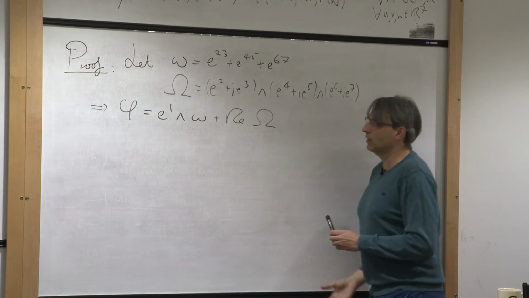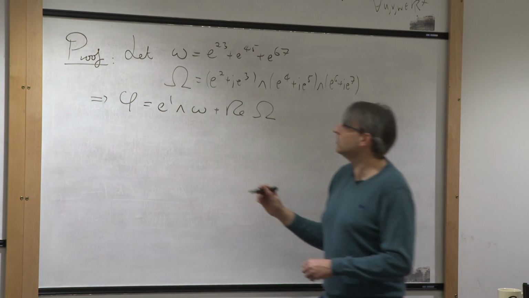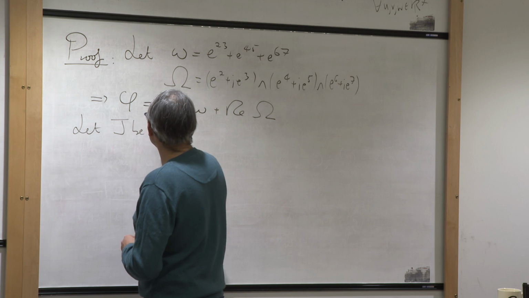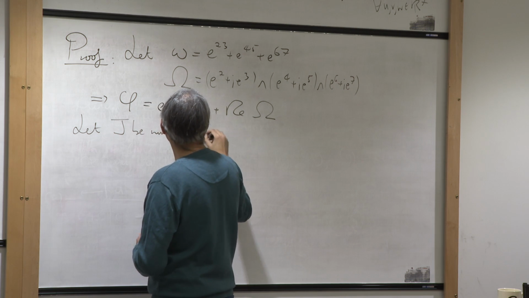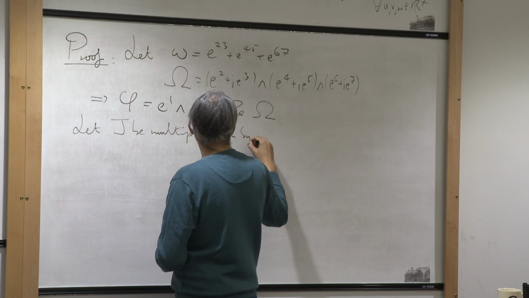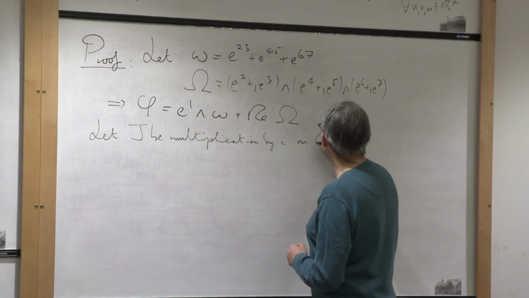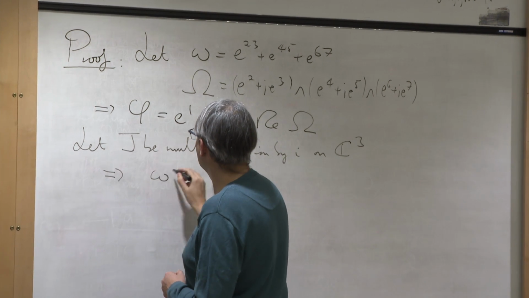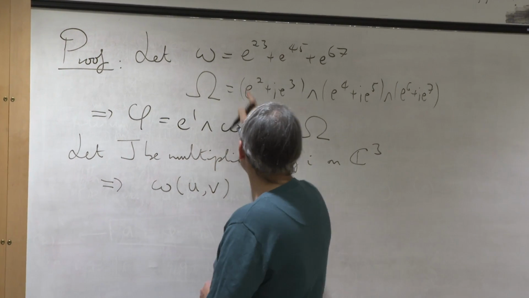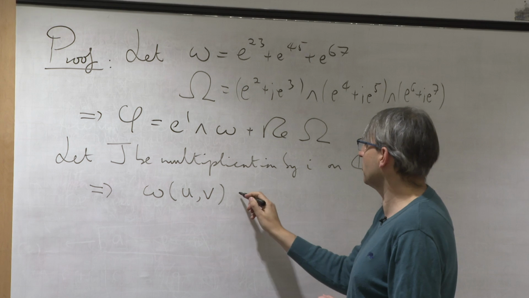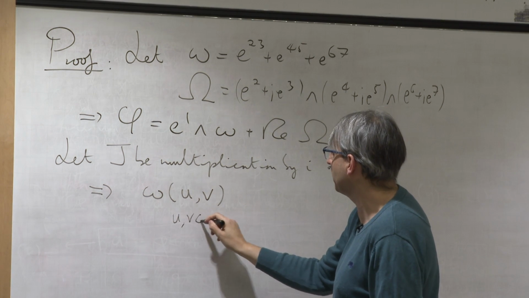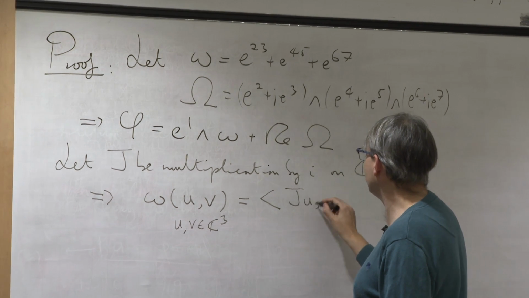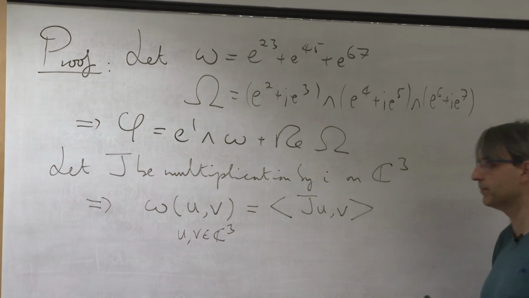Okay? Now, if I let J be multiplication by I on C3, then we see that omega of u and v, so it's just immediate from this formula, omega of u and v for u and v in C3 is the inner product of Ju with v.